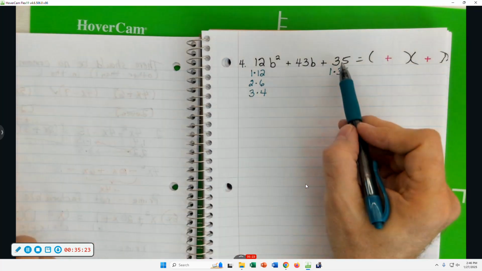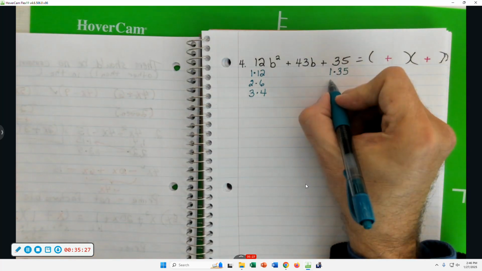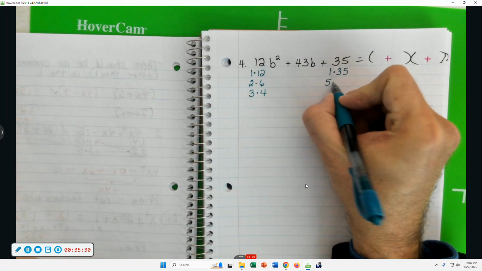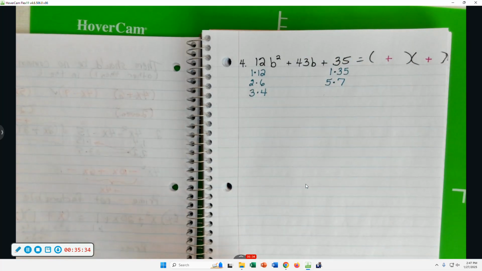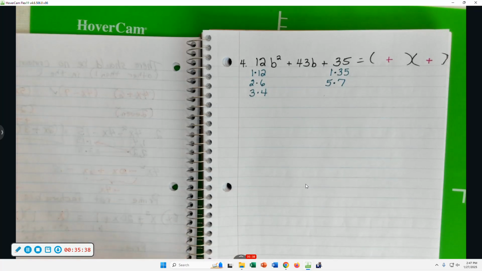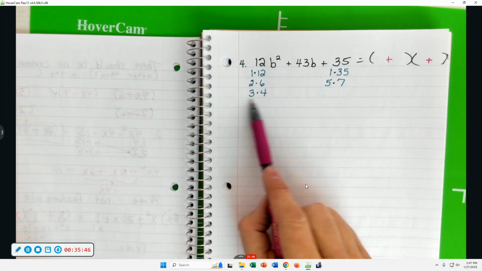Now, numbers that multiply together give 35: 1 times 35, and there's another one, 5 times 7. I don't think any others will go there. I would start with the pair that's closest for 12.